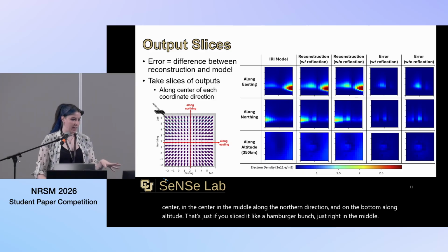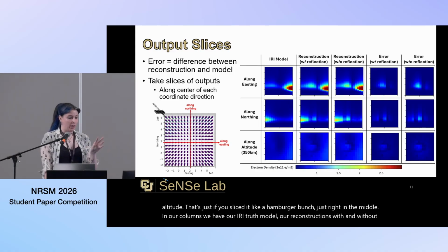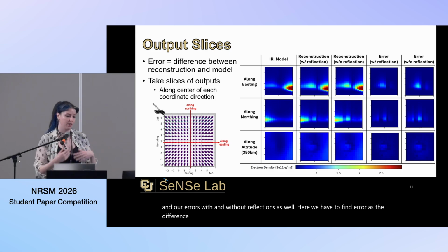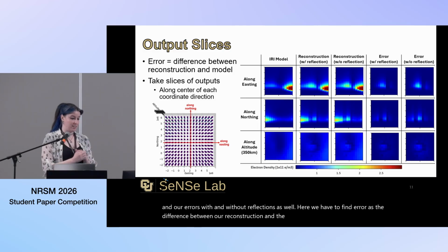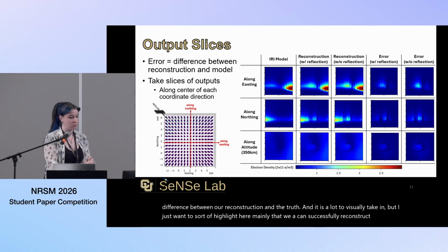In our columns, we have our IRI truth model, our reconstructions with and without reflections, and our errors with and without reflections as well. Here we have defined error as the difference between our reconstruction and the truth. It is a lot to visually take in, but I just want to highlight mainly that, A, we can successfully reconstruct the electron density.